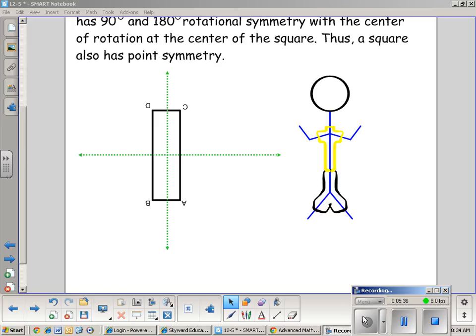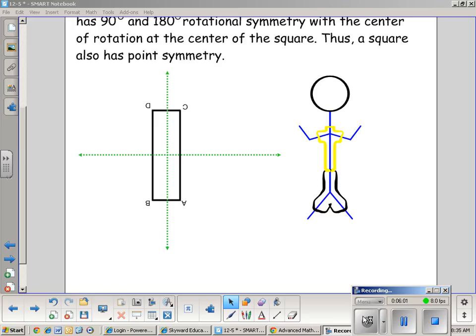We have that reflection symmetry also, if we drew a line right down through us. Unless you have something like I do, one pinky's been broken and it doesn't quite match up exactly with the other one. And things like that happen. But otherwise, for the most part, we are symmetric.